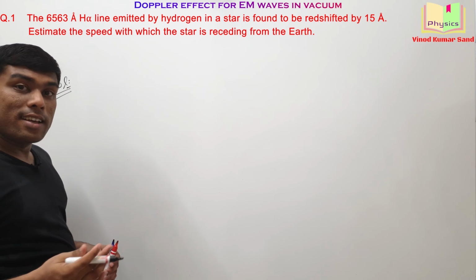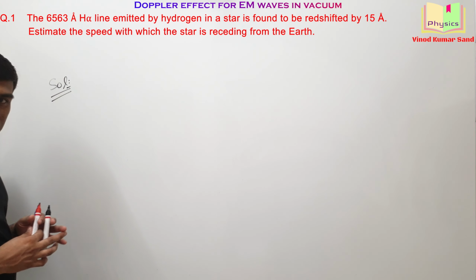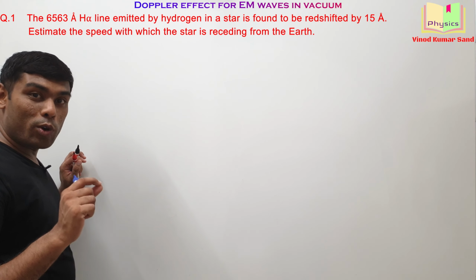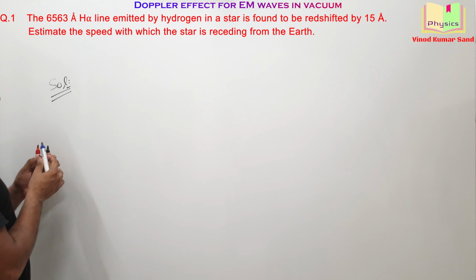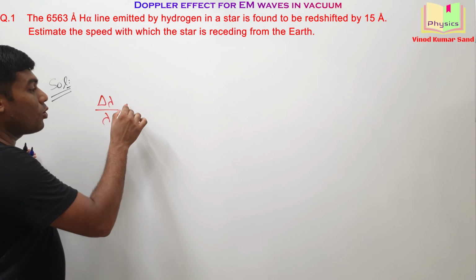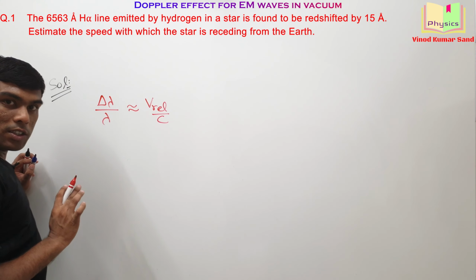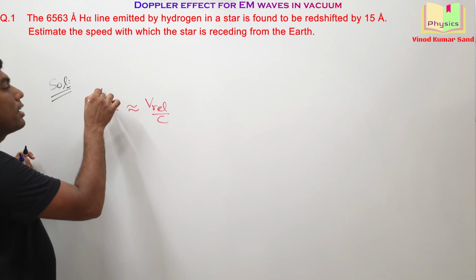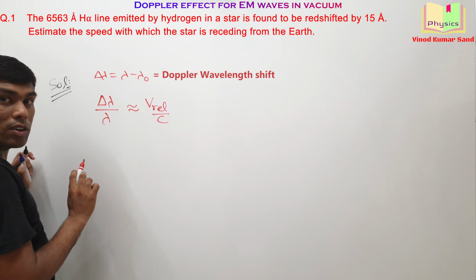This light is red shifted, the star is receding away from us. So the observed wavelength will be more and the observed frequency will be less. It means we can write delta lambda by lambda is almost equal to V relative by C. Actually, delta lambda means lambda minus lambda naught.